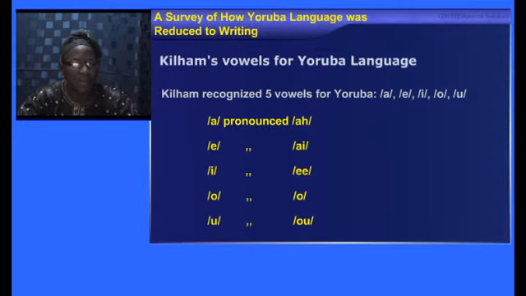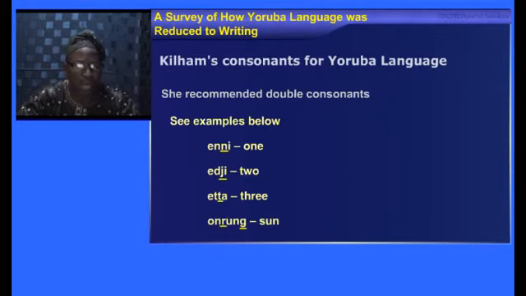To E, I was added to it. E was doubled, while to U, she added O, probably because of the pronunciation in forms of language differences. She also recommended double consonants, as in the following examples.